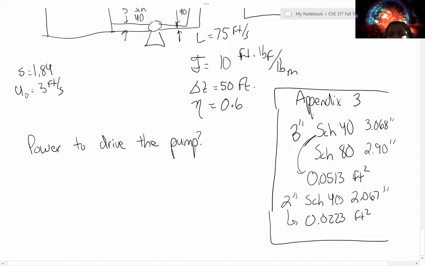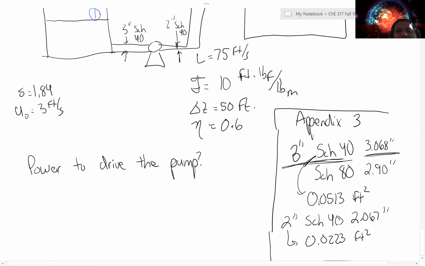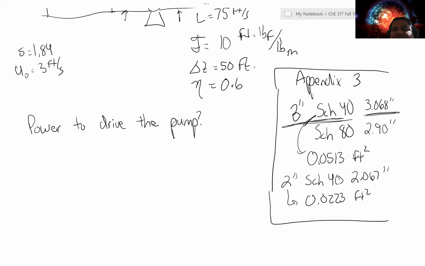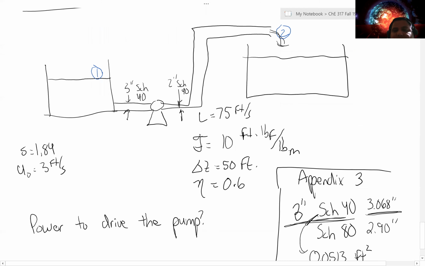And so just because it says it's a 3-inch Schedule 40 pipe, the actual inner diameter is 3.068 inches, which for the sake of these problems is significant. So with that in mind, let's apply some of this to our problem.